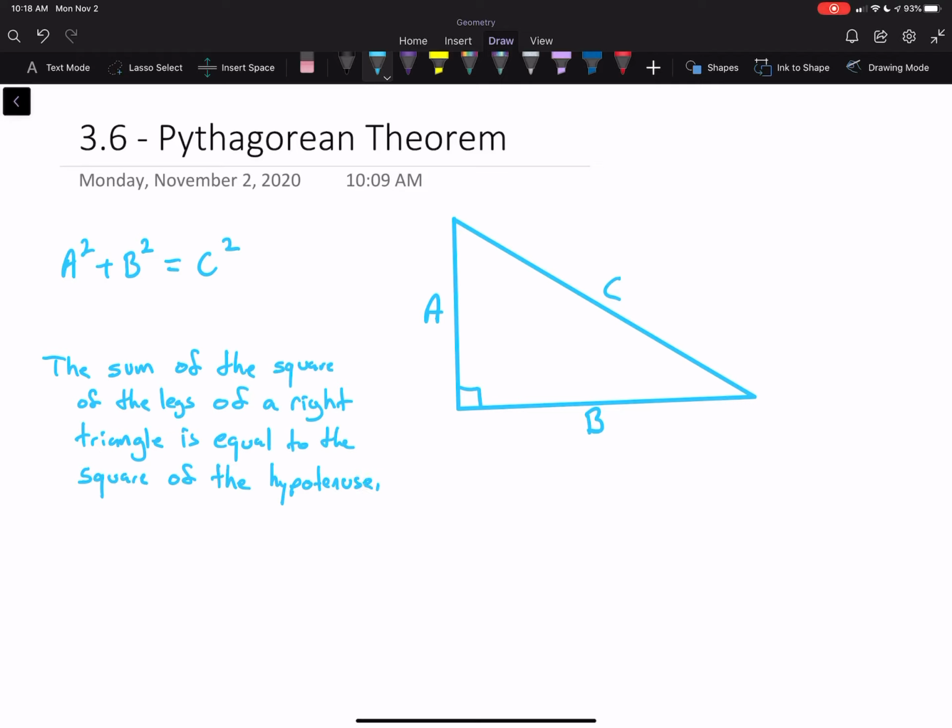So a squared plus b squared equals c squared.